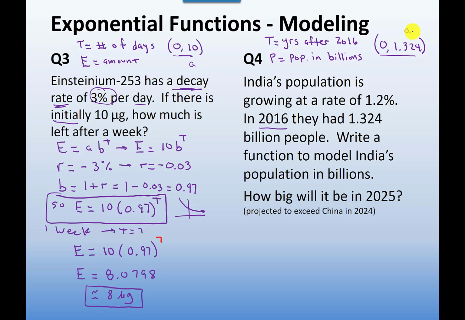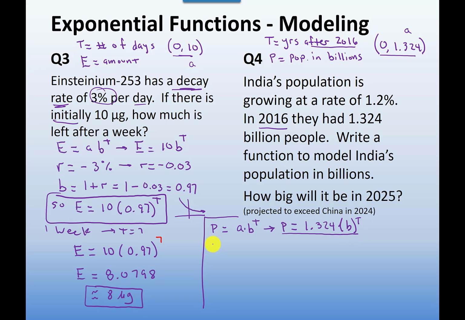So our equation is half built already just because of the convenience of how we set up the t by using these two words here. Okay, so let's get the equation started. I just took the standard basic exponential function here and I plugged in my a value. So I've got a good start on the equation if I can just find b.